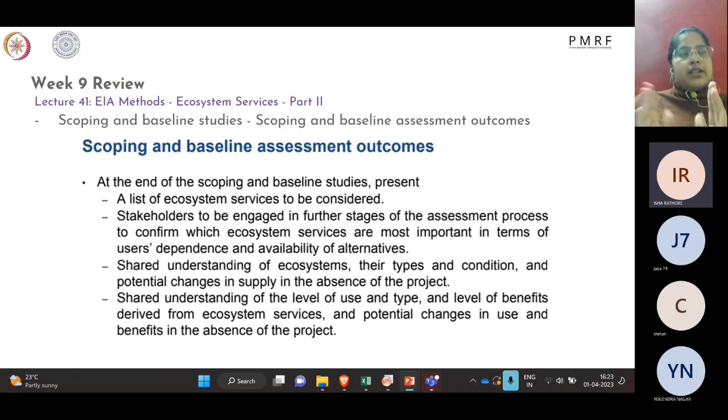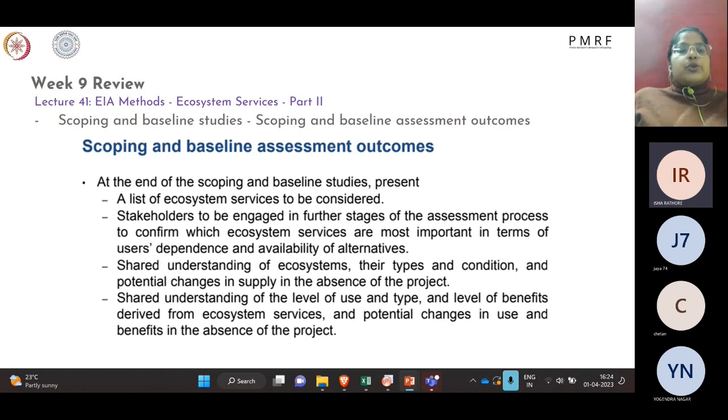You do this by analyzing what changes will be there if your project was there and if your project was not there. You present this understanding in terms of the level of use, the type and level of benefits derived from ecosystem services, and the changes in use and benefits if this project was not there.